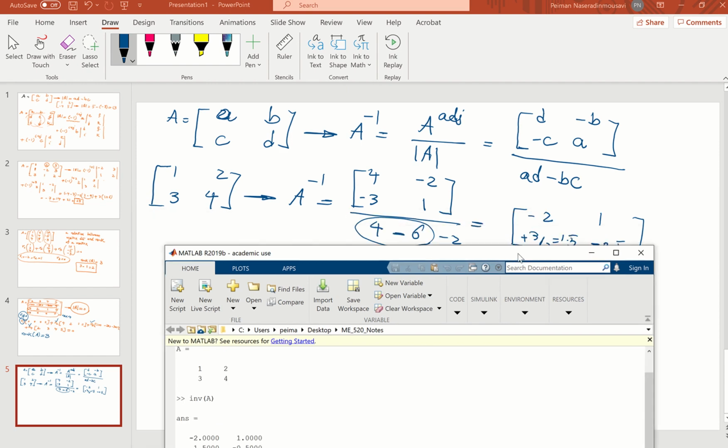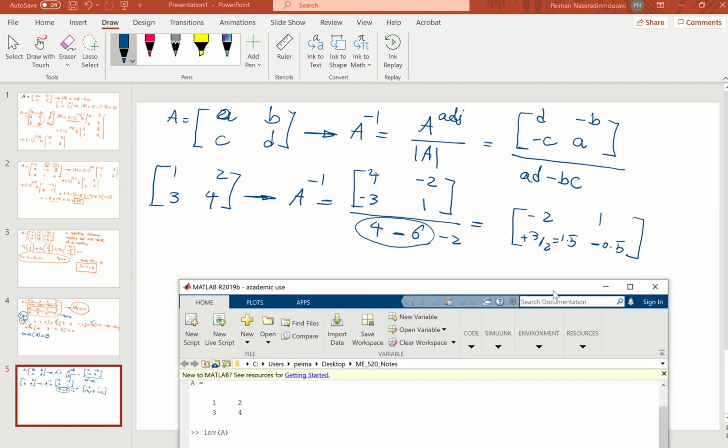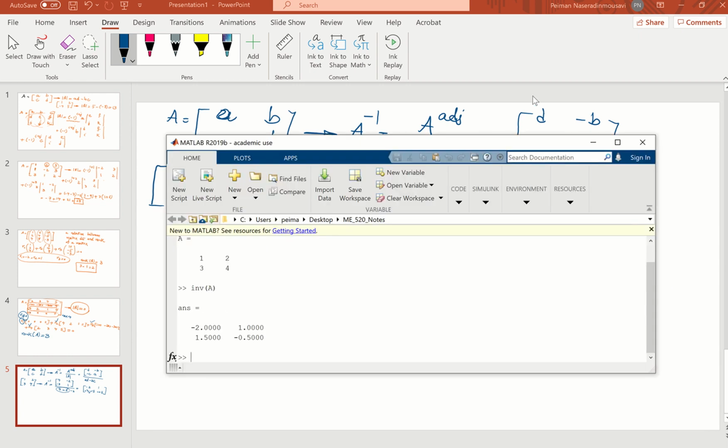As we did, it is minus 2, 1, 1.5, and minus 0.5. So it's very easy. That's why Matlab is very, very important and powerful for these things. Understood, guys?